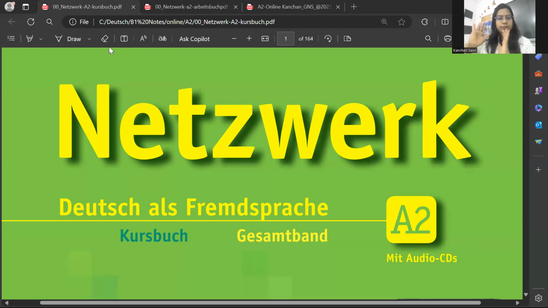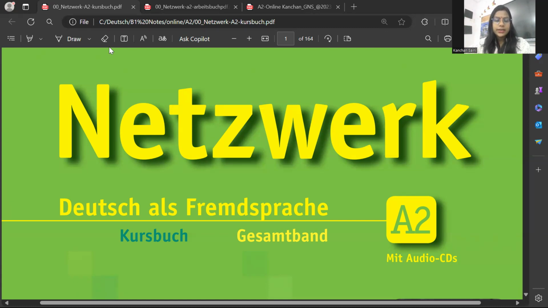It means the verb will be at second place in both sentences. In that case we were using the connectors aber, but; denn, because; und, and; sondern, rather; and oder, or.